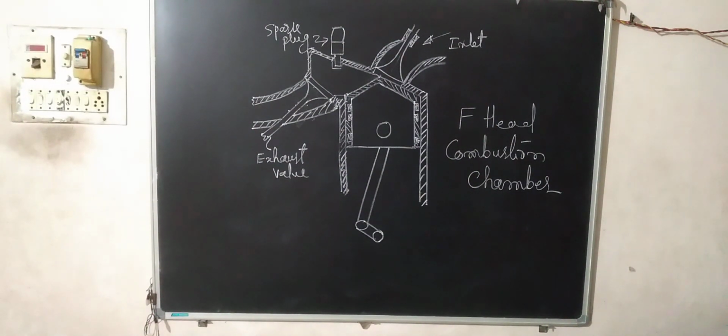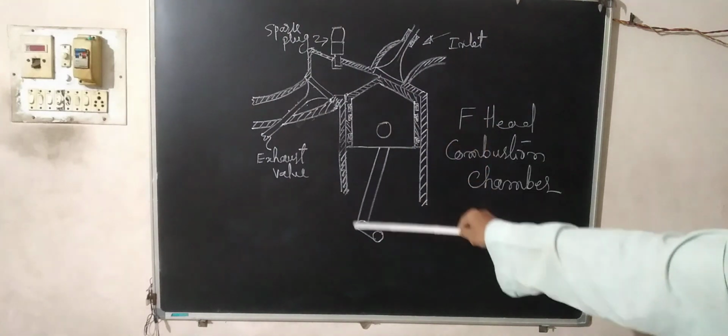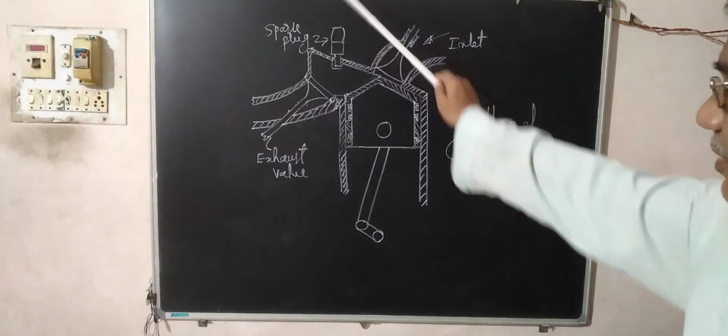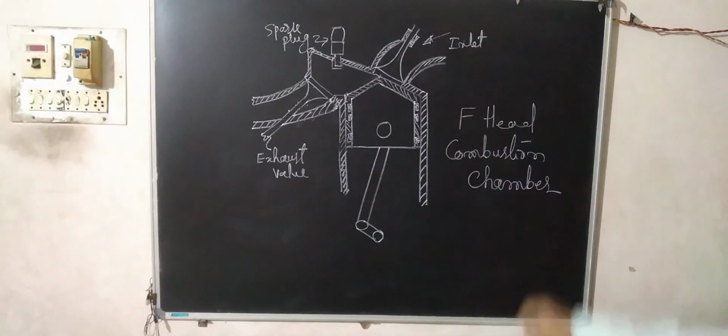This is the F-head SI engine combustion chamber. This is the piston, this is the cylinder, and this side is the cylinder head. This is a spark plug, this is an exhaust valve, this is an inlet valve.